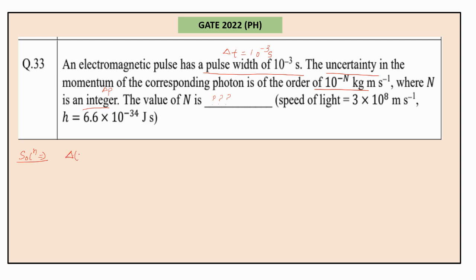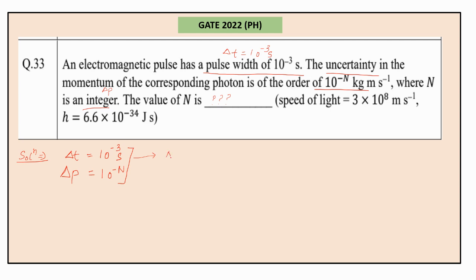So, first of all, delta t is given to us and delta p is also given to us, right? From this, you know two Heisenberg uncertainty principles.